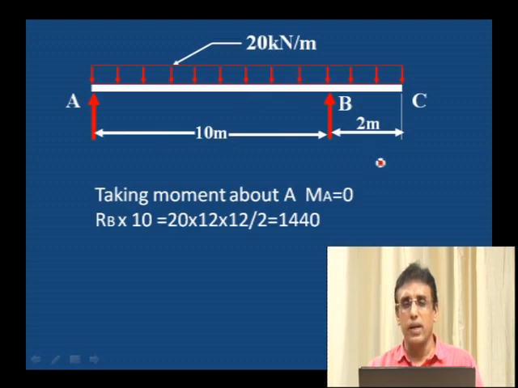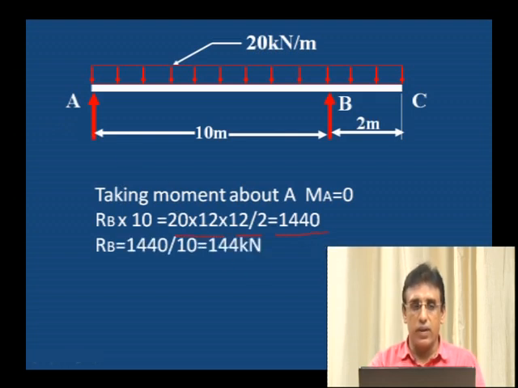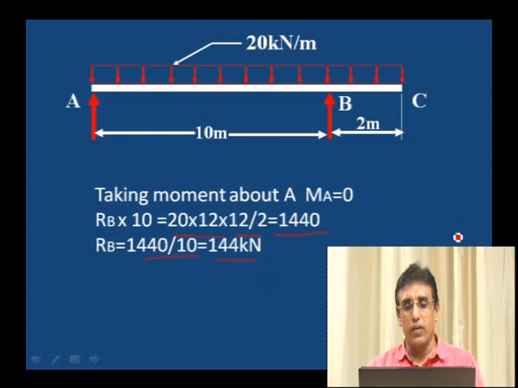Here we have to take 20 into 12 into 12 by 2. This uniformly distributed load acts at the center of the length, that is 12 divided by 2, 6 meter. Therefore, total moment about A is 1440. 1440 divided by 10, you will get the reaction at B as 144 kilonewton.